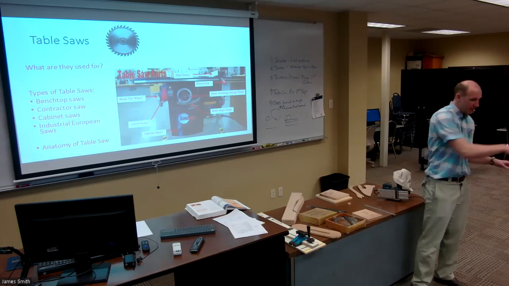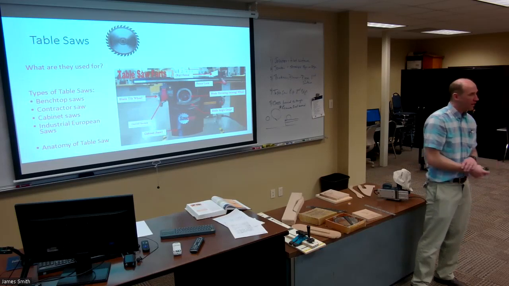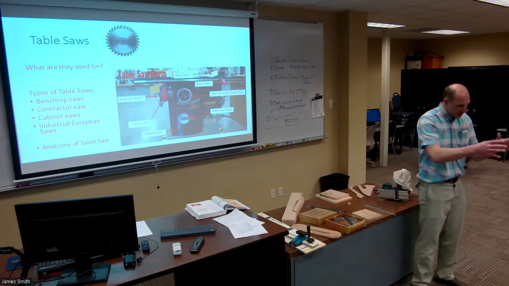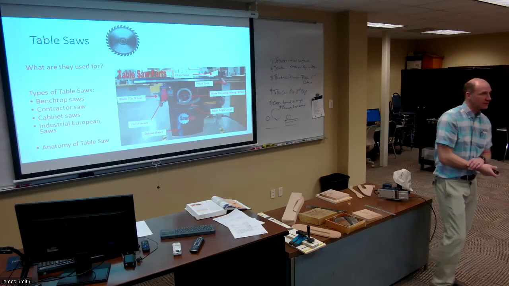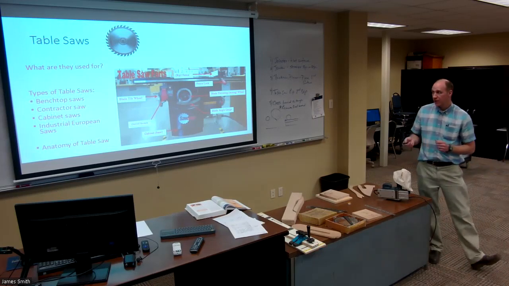It's webbed to make it lighter, so it has some portability. But then you have an open bottom, and the sawdust just falls on the floor. So these are what are called contractor saws.